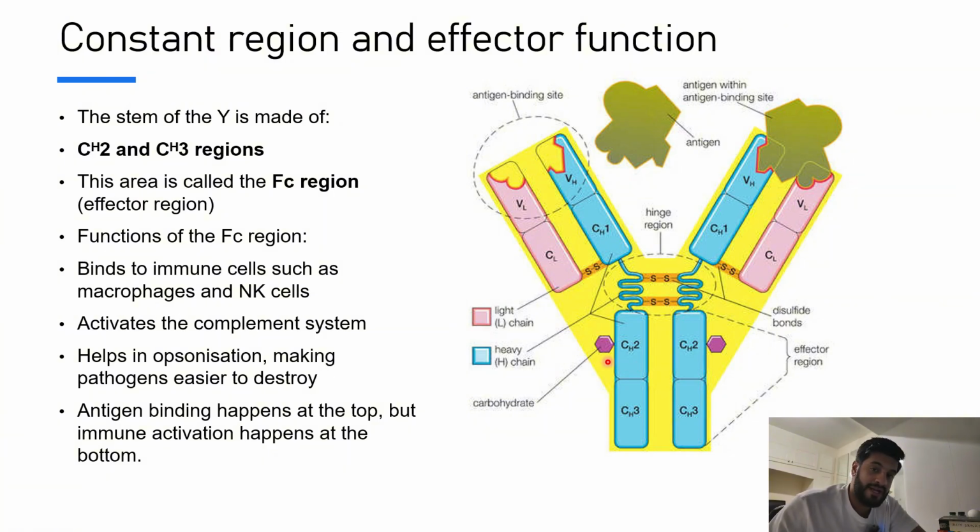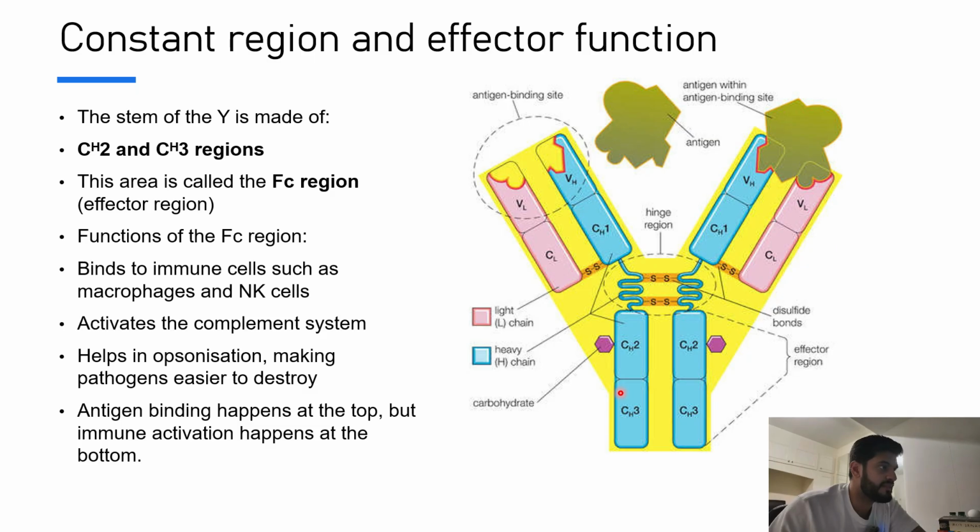It also helps to activate the complement system, and it also helps in something called opsonization, which means that many antibodies can bind to one single pathogen or antigen, and then this will be the area which will go and get itself attached to an Fc receptor on one of the immune cells, and then it will be engulfed by the immune cell.